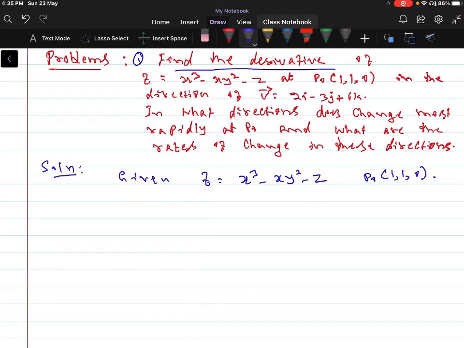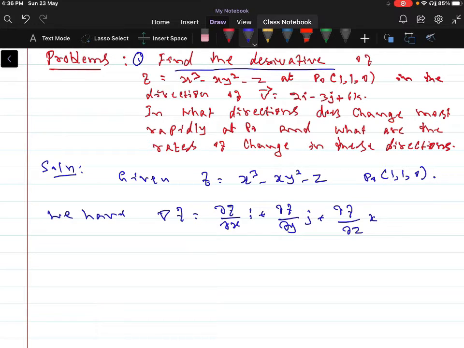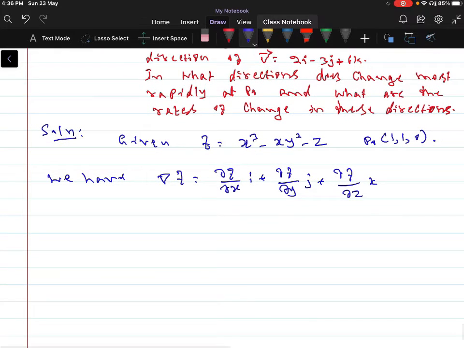So let us find the gradient of f, where f is a function of three independent variables. The gradient of f can be written as del f by del x into i cap plus del f by del y into j cap plus del f by del z into k cap. So differentiate f with respect to x, y and z partially.